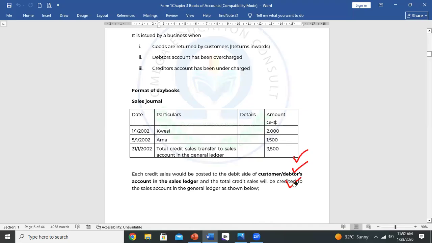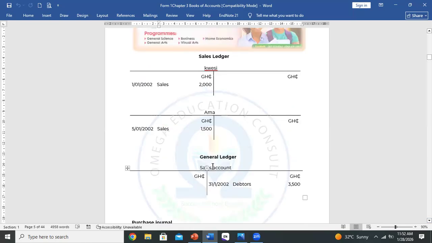So if we scroll down, you see that you put down the name of the ledger, general ledger, and then you draw the account for sales. Now here we are crediting sales, because when you sell goods, you credit sales. But here we are using the total, so you don't need to write the individual names, Amma, Kwesi.